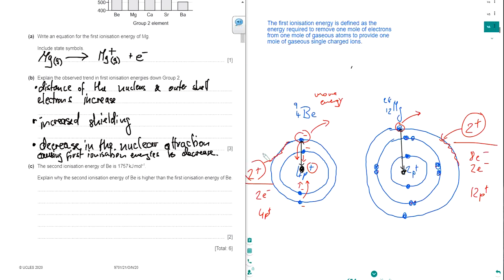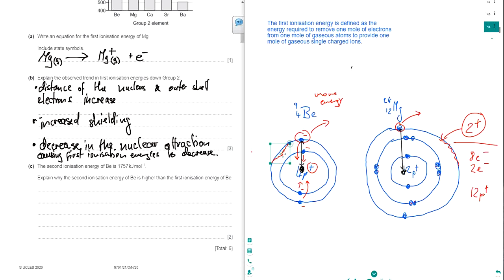If we think about this, okay, so let's say we have removed 1 electron.